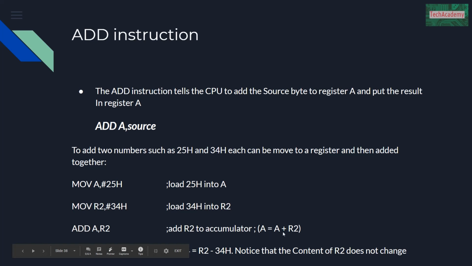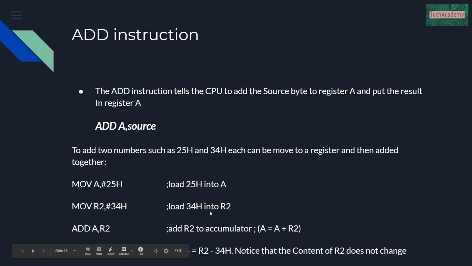So 25H plus 34H will get added and the result is again stored into the accumulator. In simple mathematics, this is what is going to happen. A is containing 25H and R2 is containing 34H. These two will get added and the result will be stored into the accumulator again. At the end we will have the result 59H in the accumulator.